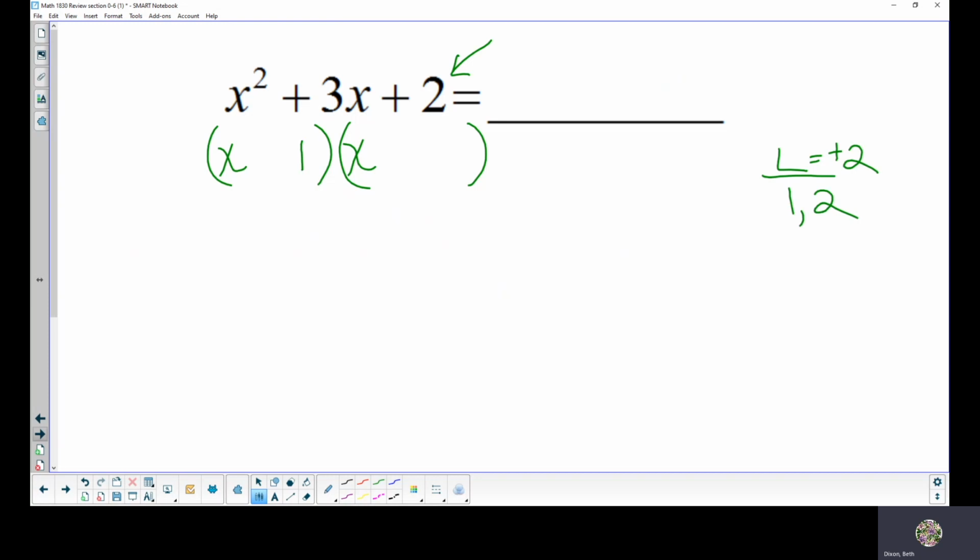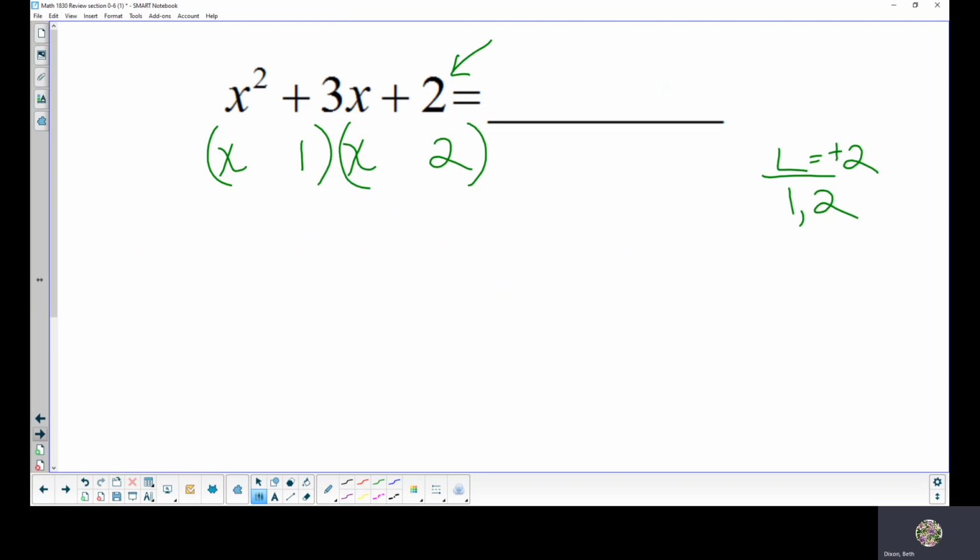So I know that here is going to be a 1 and a 2. And then we have a set of rules that will help you determine what to do next. And they have to do with the sign of the last term. And again, we start with the last term, not the middle term. Look to the last term.